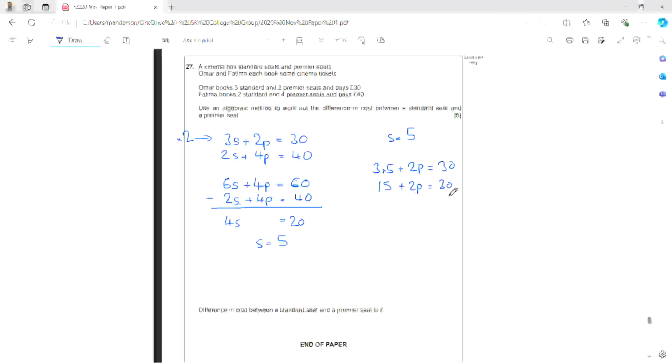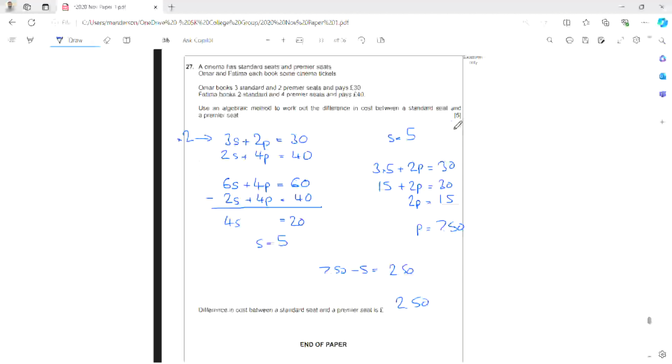Take 15 from both sides, 2 premier tickets cost £15, divide both sides by 2, and I get 1 premier ticket costs £7.50. So the difference in these is £7.50, subtract my £5, which leaves me with £2.50.